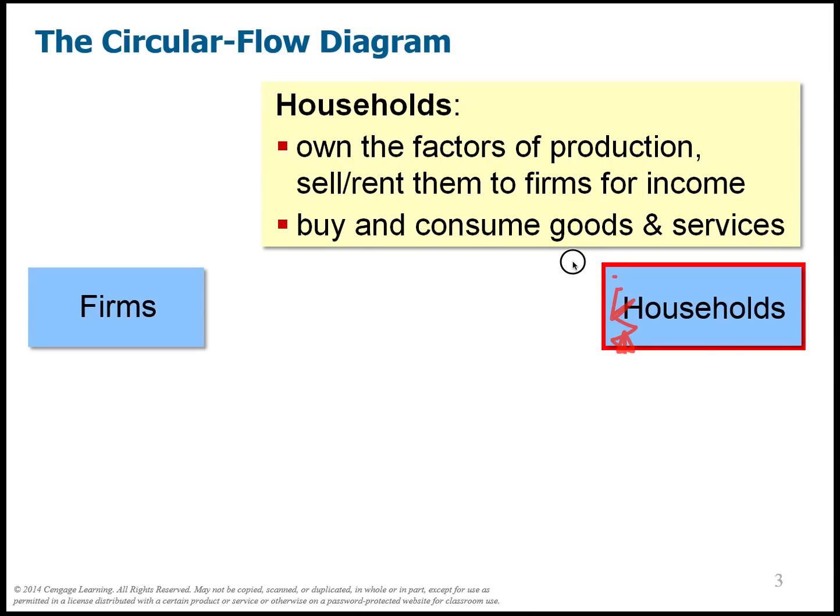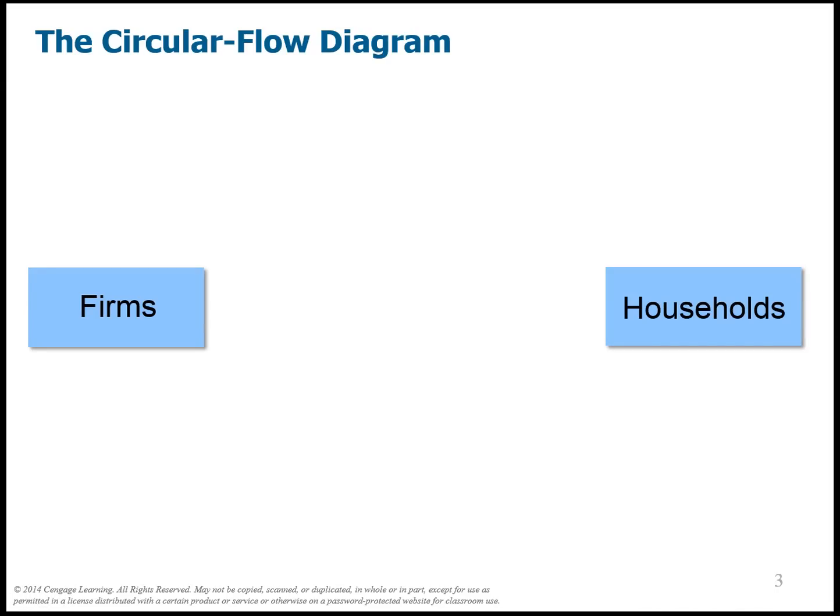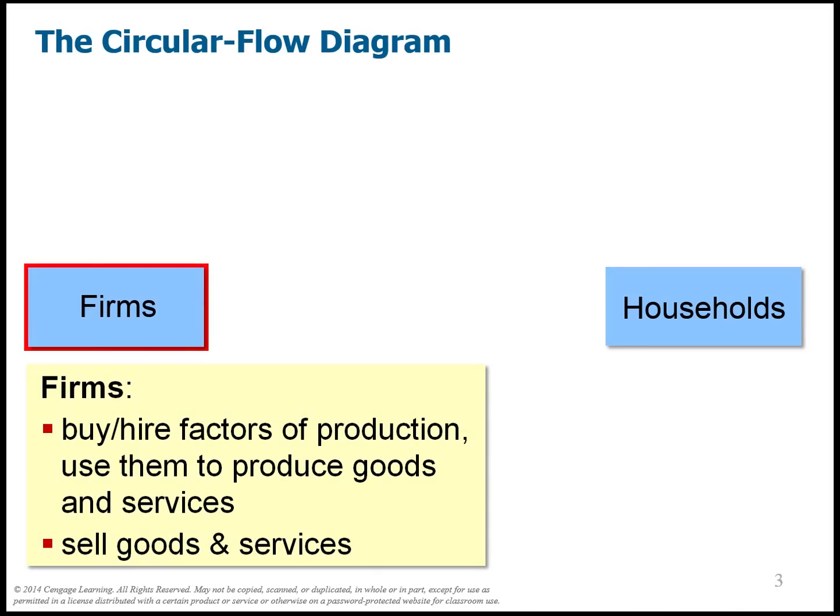And they rent it out to the firms. And then the firms pay them factor payments. Of course, the households also buy and consume the goods and services. The firms get the factors of production from the households, and they pay for them. And then they also, of course, produce the goods and services.